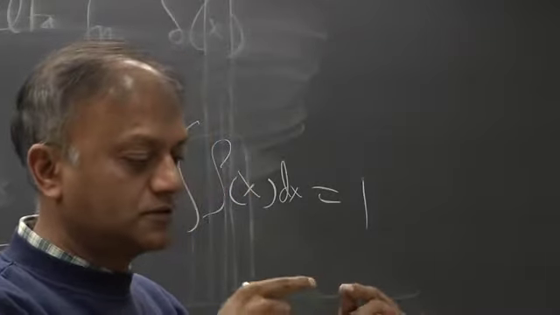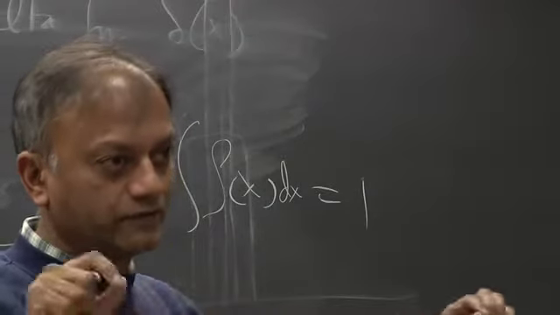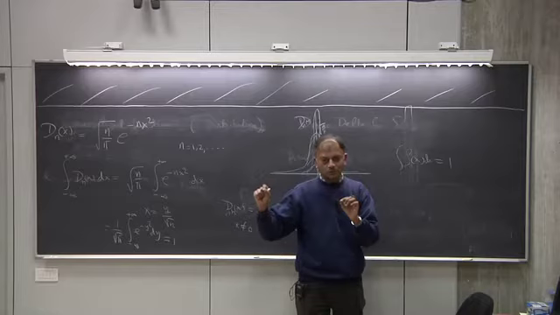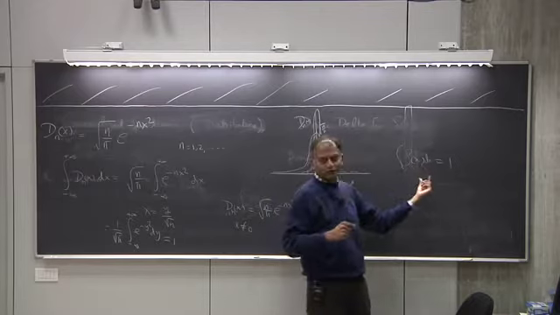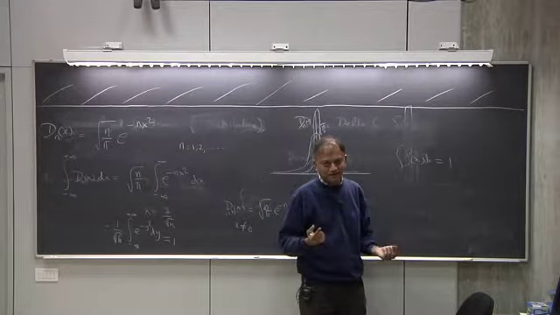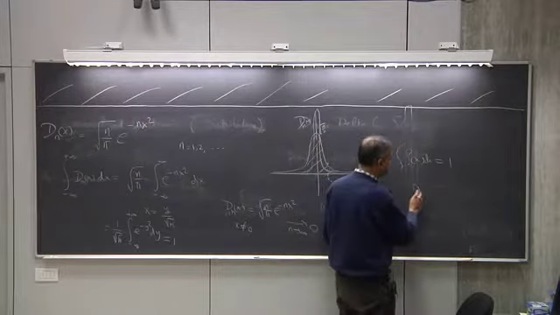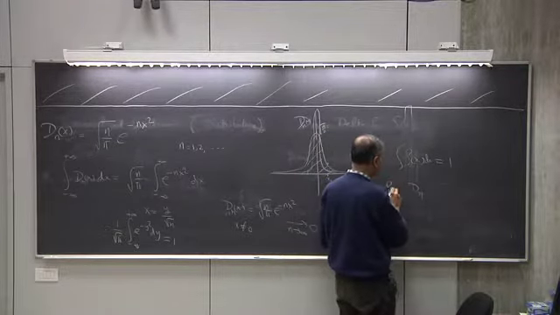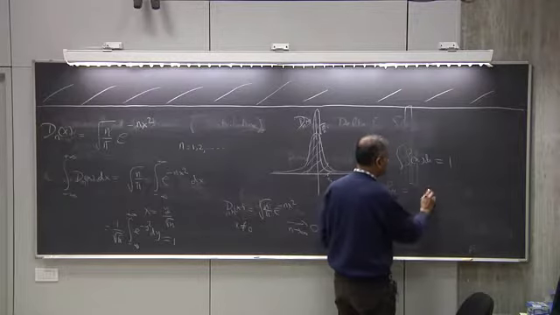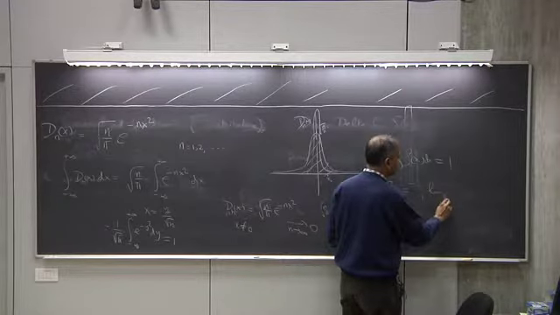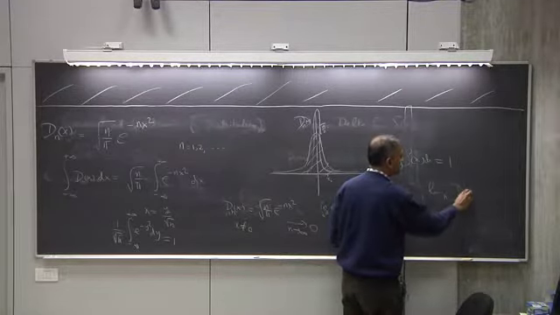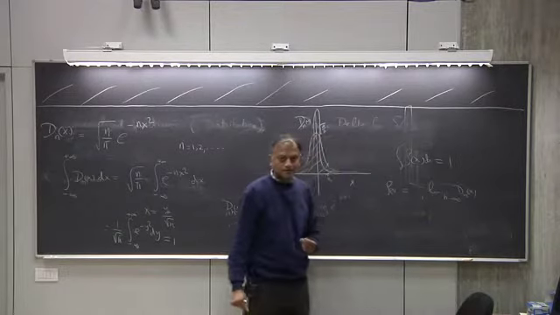Okay, so the rho x should be 0 everywhere, for any x which is not equal to 0, but nevertheless the integral of rho must be equal to 1. So you can take the rho n to be simply dnx. Rho x is equal to the limit n goes to infinity of dnx, right?